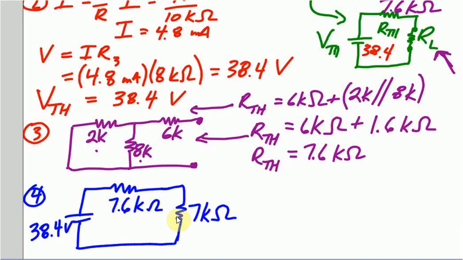Now I have a much easier circuit to work with, and I could figure out the current going through the load. The current going through the load is going to be found by taking 38.4 volts, and divide by the two resistors which are in series, which is going to be 14.6K ohm.